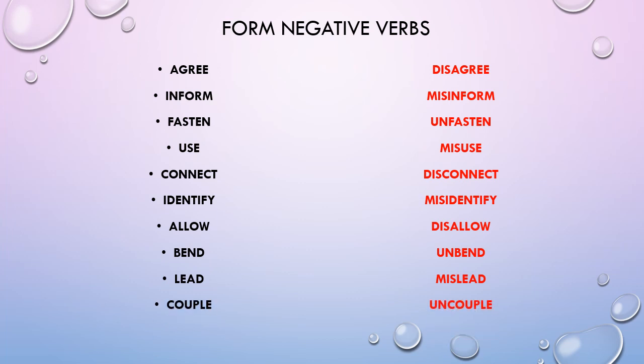Couple, uncouple, and approve, disapprove. You should remember that there is not a real rule which prefix to use. You just have to learn each one separately. That's why English is a bit hard. But if you have enough practice, you will have no problems with these prefixes.